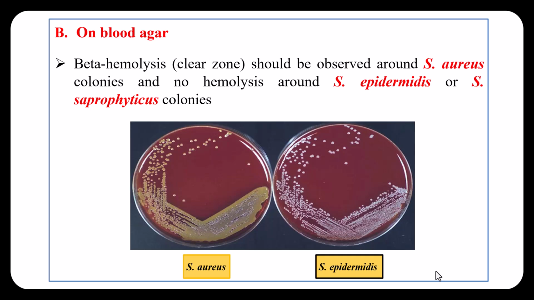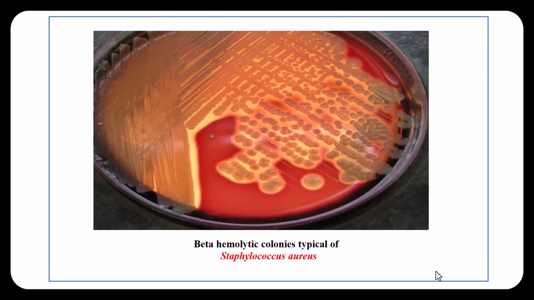It means they don't have the hemolysin enzyme, while Staph aureus has the hemolysin that destroys the RBCs on blood agar and produces beta hemolysis, and beta hemolysis indicates the virulence and pathogenicity of Staph aureus. In this image, you can see the beta-hemolytic colony of Staphylococcus aureus, indicated by the clear zone around the colony.